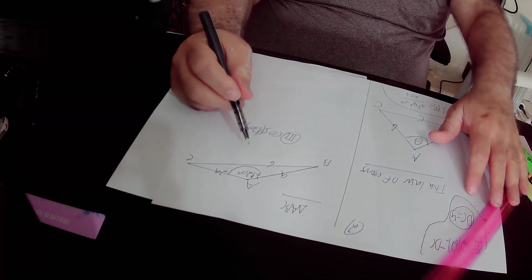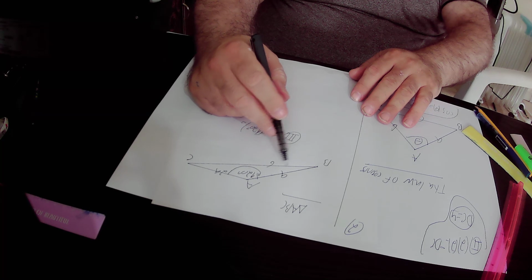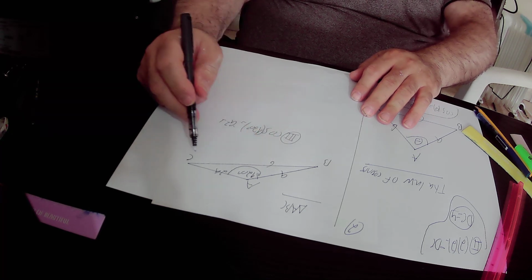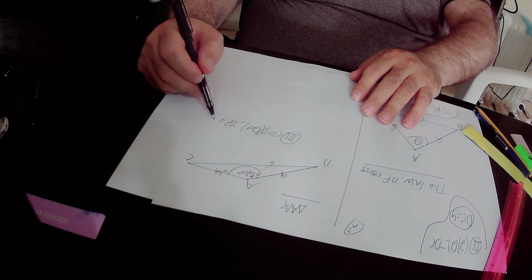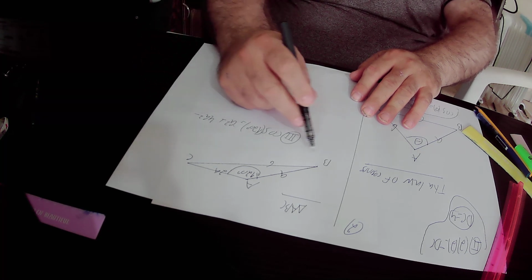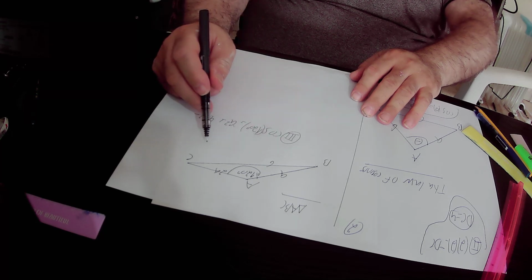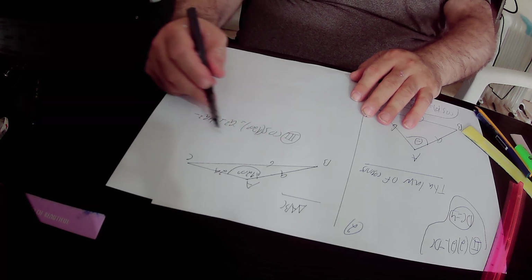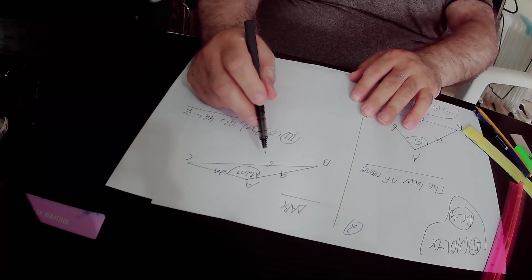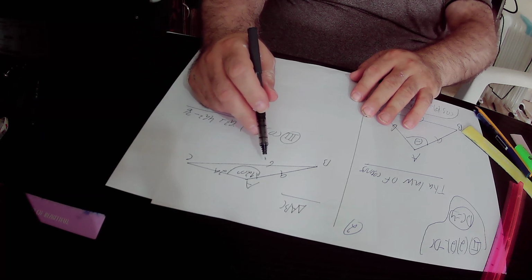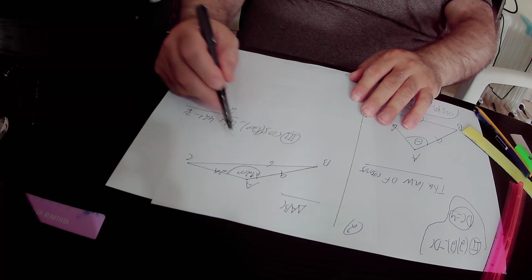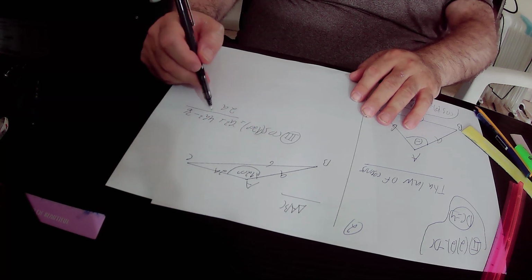equals AB square is A square, plus AC square is 2A square, that is 4A square, minus BC square. BC square is 6 square, that is 36, over 2 times AB is A, and AC is 2A.